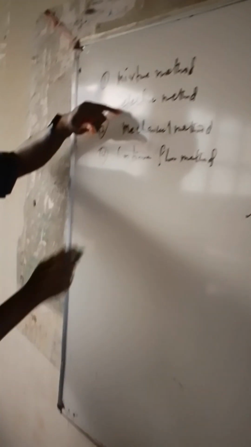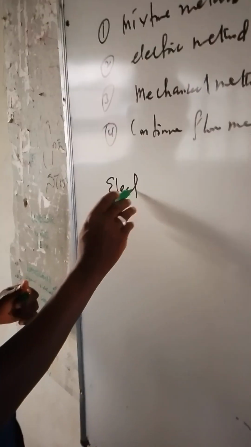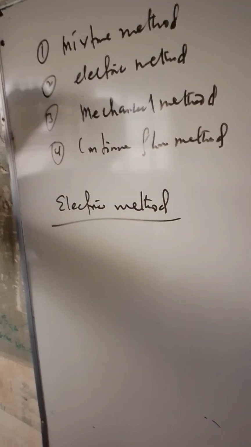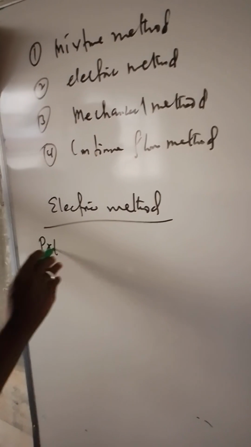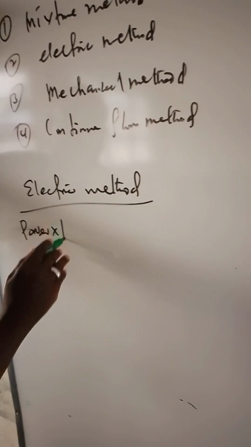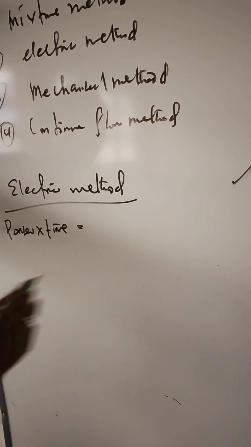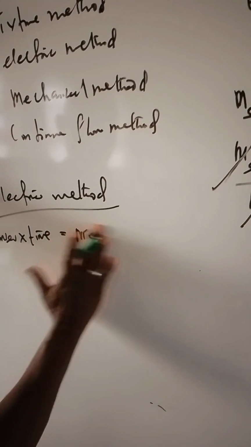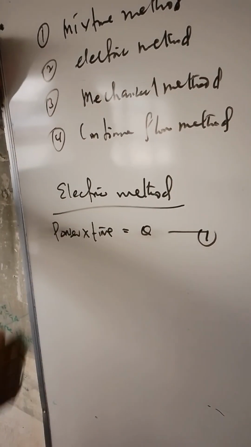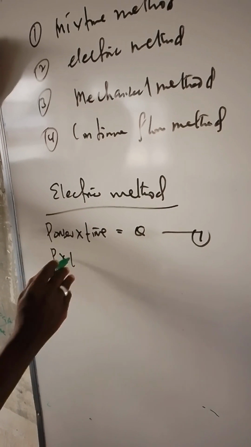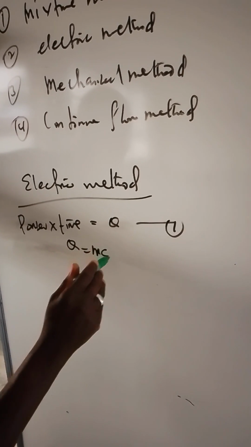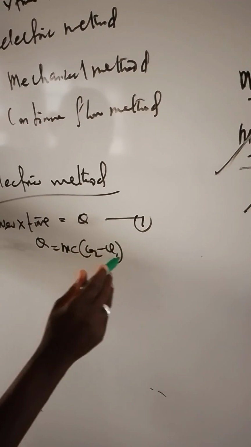That leads us to the second one, which is the electrical method. In calculating by the electrical method, you use the formula: power times time is equal to the heat Q. Power times time is equal to Q, and Q is equal to Mc (θ2 − θ1), equation 2.